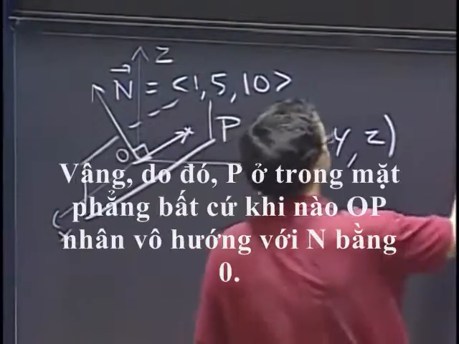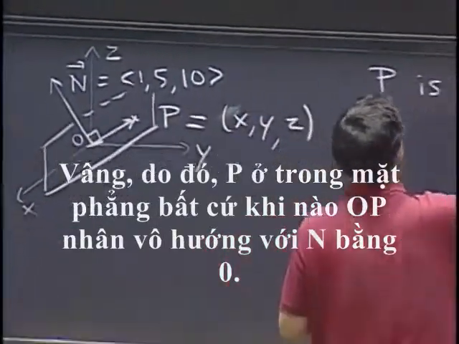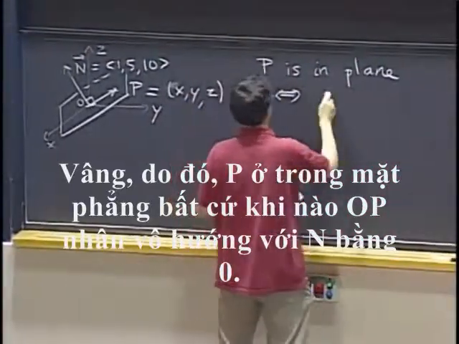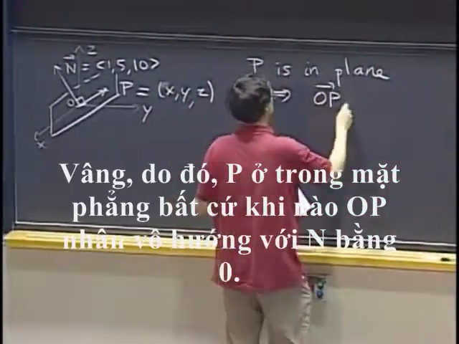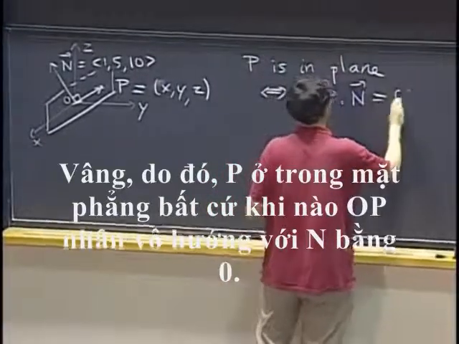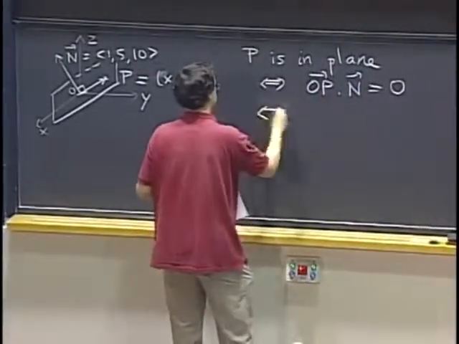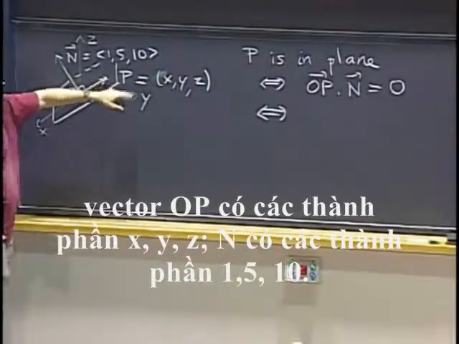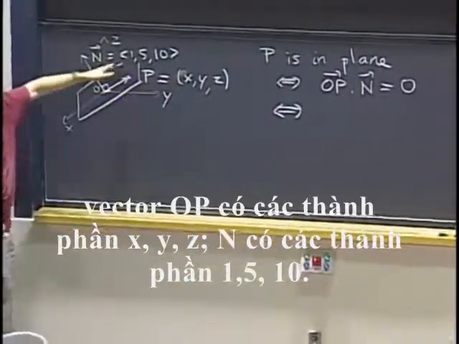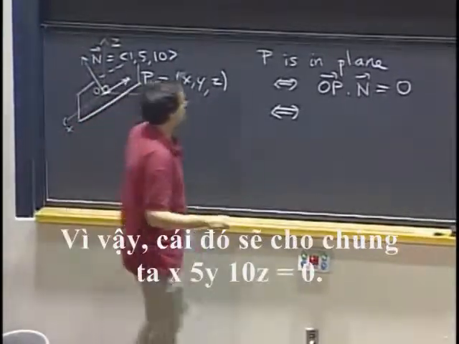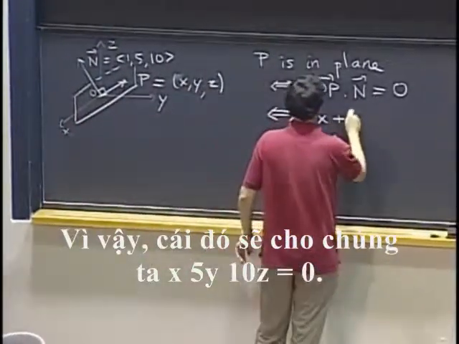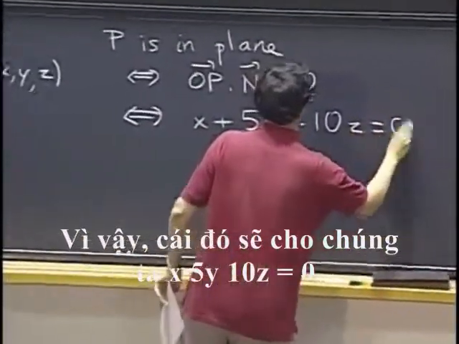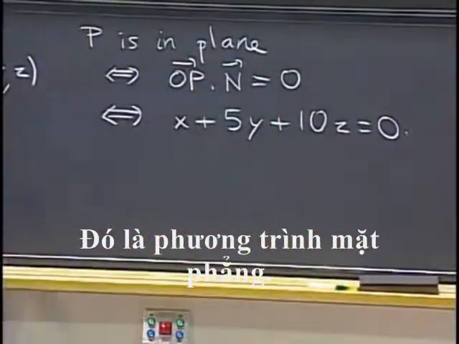So P is in the plane whenever OP dot n is 0. And if we write that explicitly, vector OP has components x, y, z, and n has components 1, 5, 10. So that will give us x plus 5y plus 10z equals 0. That's the equation of our plane.